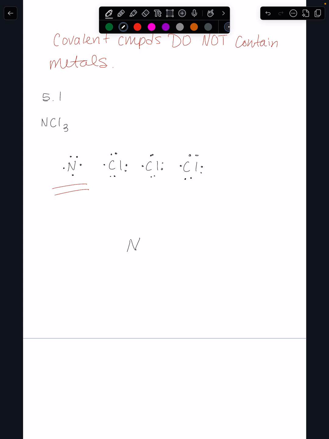So here's nitrogen. I'm going to put it in the middle with pink electrons. 1, 2, 3, 4. There's its 5. And then I'm going to do chlorine. I'm going to draw chlorine in purple, and its electrons in purple too.